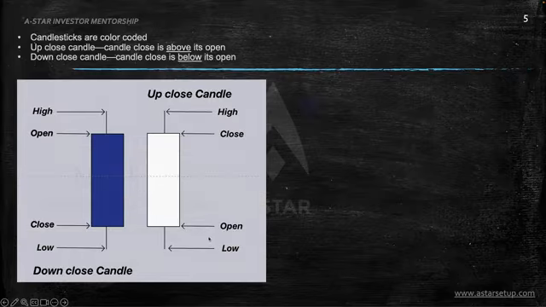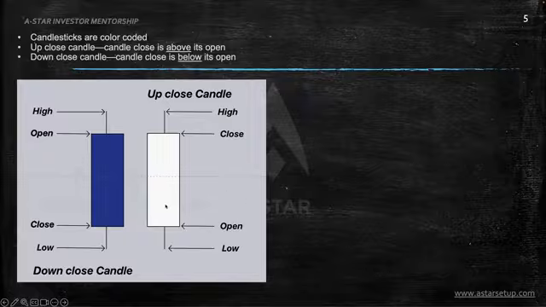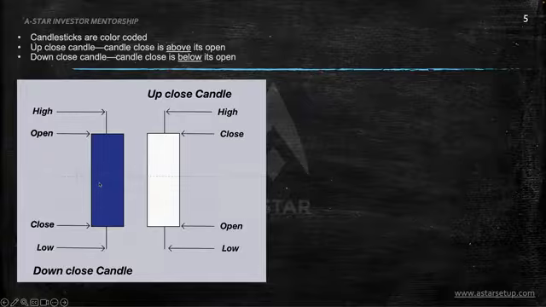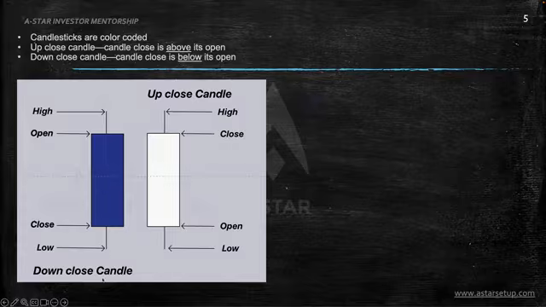And I'll show you the diagram here. So this is what I mean by color coded. On every price chart, there will always be two different colors of candles. So in this scenario, we have one candle that is blue and we have another candle that is white. They still tell us the same information, except one candle will be a down close candle and the other candle will be an up close candle.